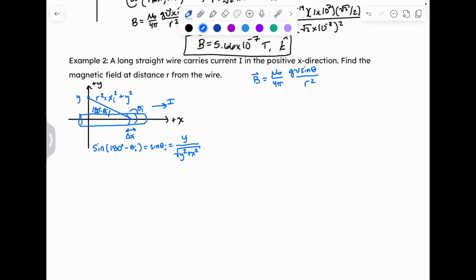So remember qv, we can look at that as a delta Q delta X over delta T. If I move the delta T over, so I have delta Q over delta T times delta X, I can rewrite that as I delta X. So what Biot-Savart becomes is mu naught over 4 pi I delta X sine theta over R squared.